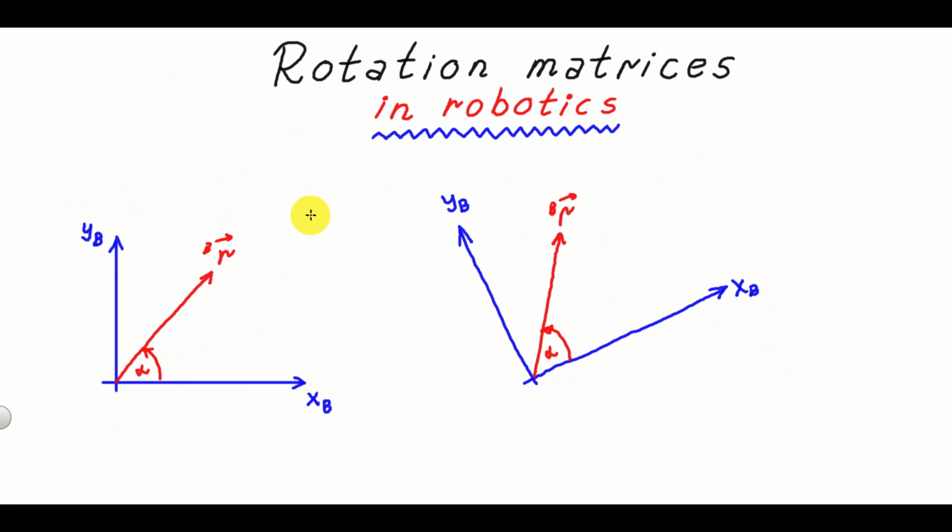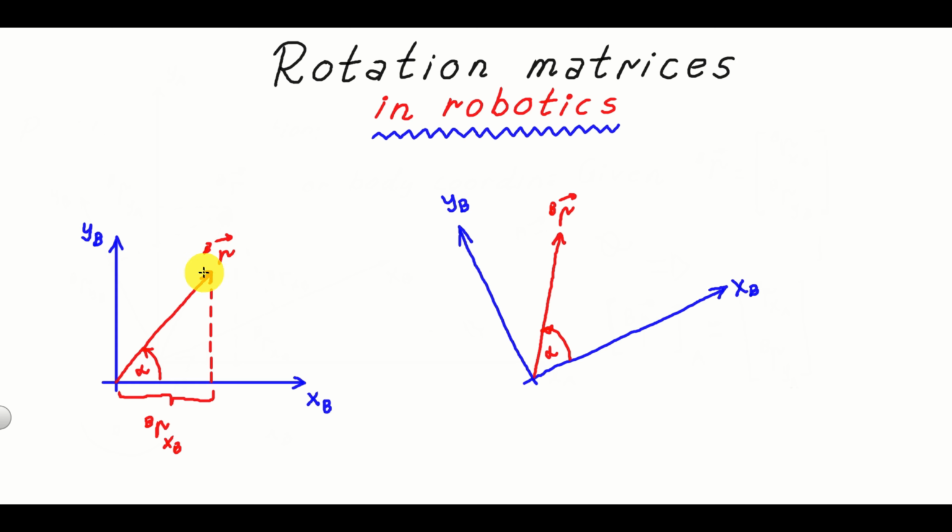The vector rb has projections in the coordinate system b, and these projections can be constructed like this. Here's the projection onto the axis xb, and this projection is the distance from here to here. And this projection is denoted by rb xb.